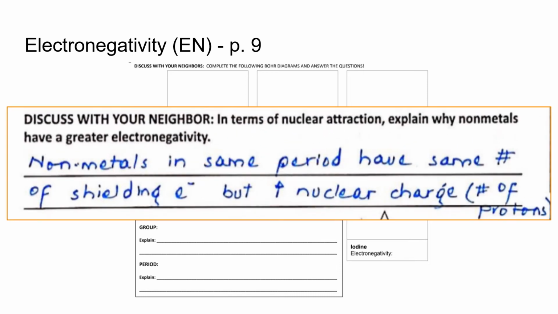So what happens is that if you're observing nonmetals in the same period, they have the same number of orbits, and they also have the same number of electrons in their completely filled orbits. But because they're increasing the number of valence electrons and also increasing the number of protons in the nucleus, there's a higher Coulombic attraction between the protons in the nucleus and the valence electrons.